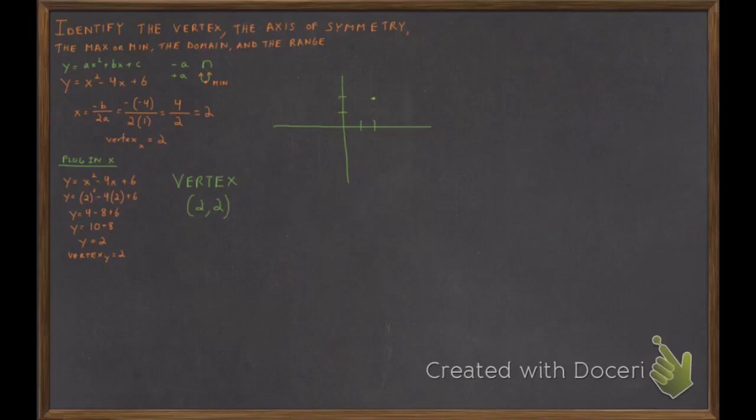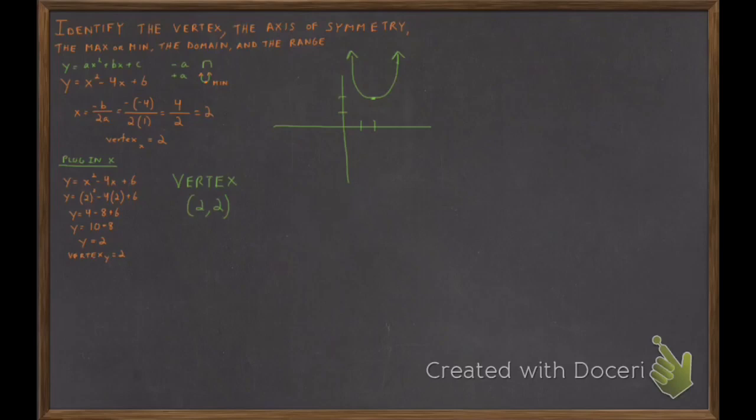And we know that the parabola has to look like a U. So we'll make our U going up that way, and going up that way. Again, this is just a rough sketch. I'll put arrows on these lines. Now, most of the time you don't see arrows on the lines, but we'll put arrows just to remind you that those lines travel forever, going up and also out. So that goes on forever. I'll make my min point.